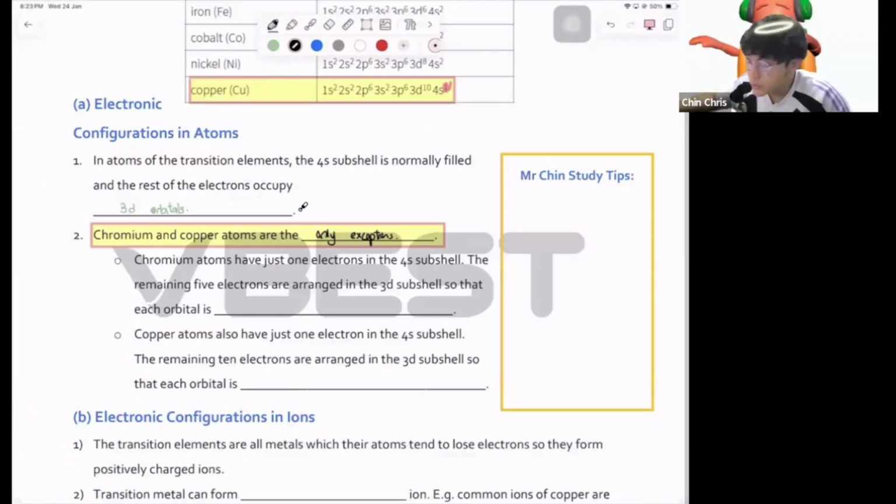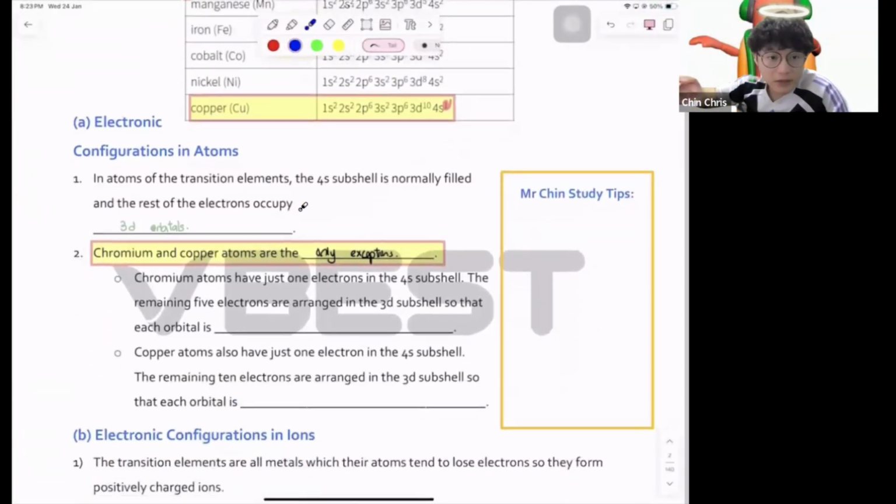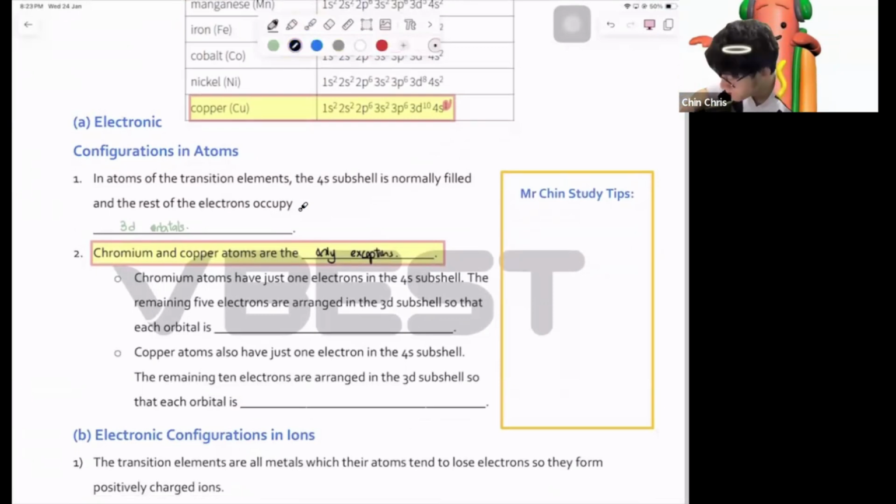If you look at chromium, why does chromium need to achieve 3d5 4s1? If you look at its 3d, 1, 2, 3, 4, 5 orbitals, and 4s.